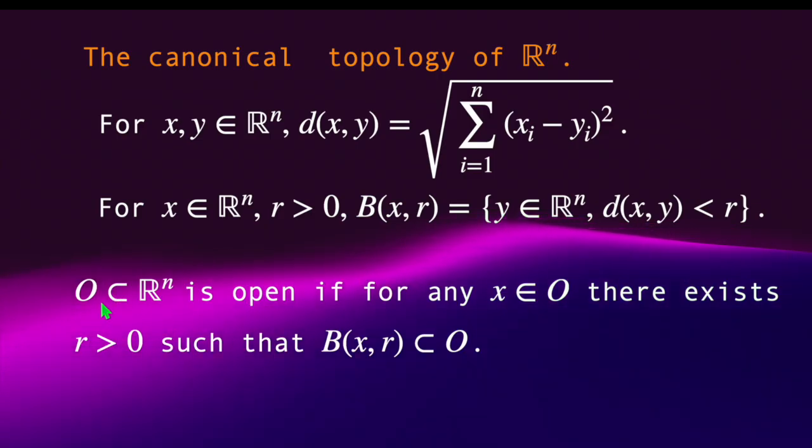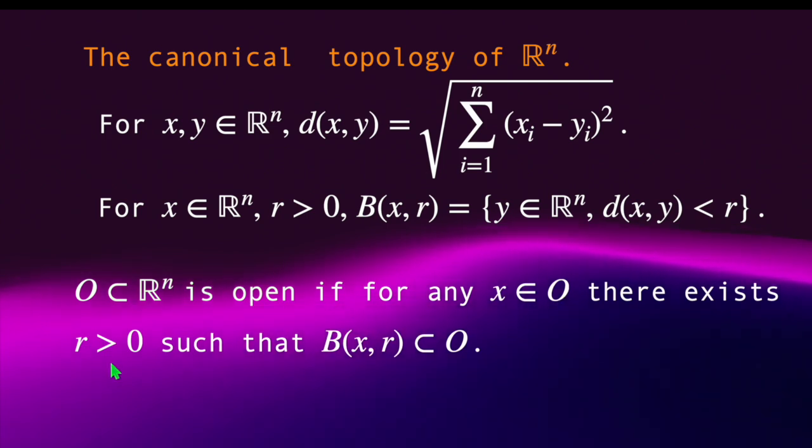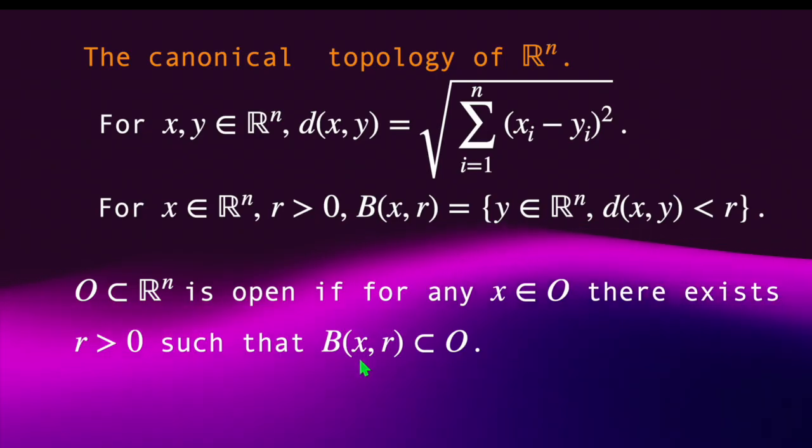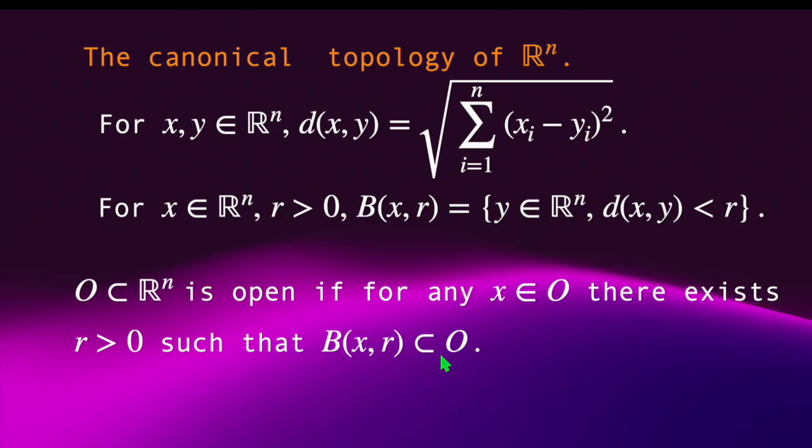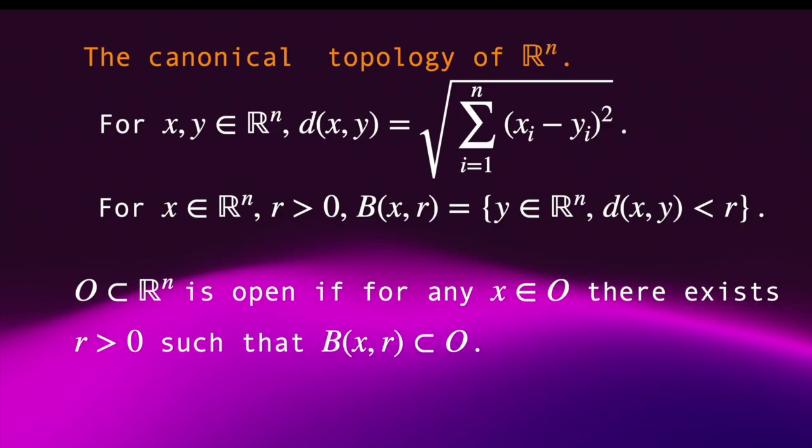A subset O of Rn is open if for any X there exists R strictly positive such that the ball of center X and radius R is in O. So it is the canonical topology of Rn.